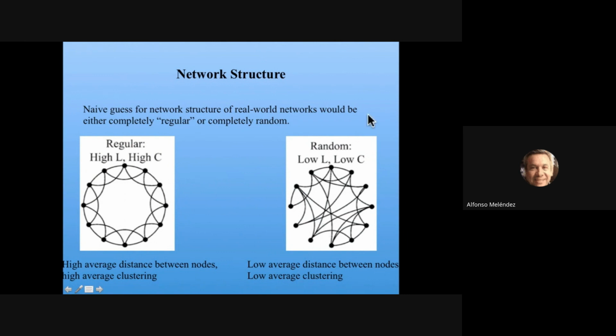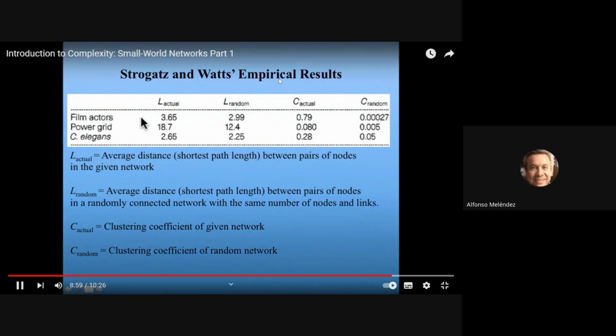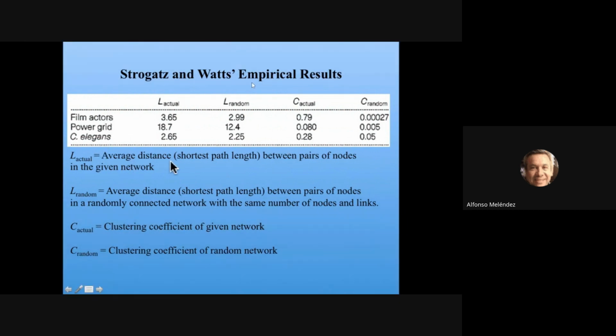Well, what Watts and Strogatz found for the three real-world networks they studied was that neither of these naive guesses was correct. Here are some results reported in their paper. They report, for each of these three networks, the average distance between pairs of nodes. And they compared that with a randomly connected network that has the same number of nodes and links.